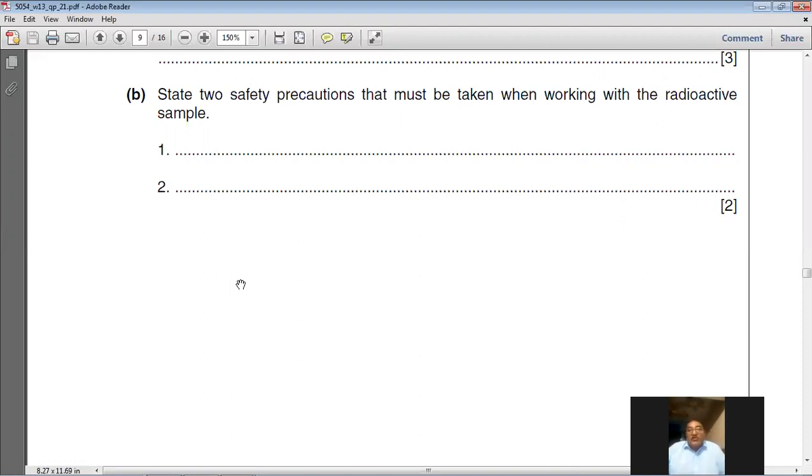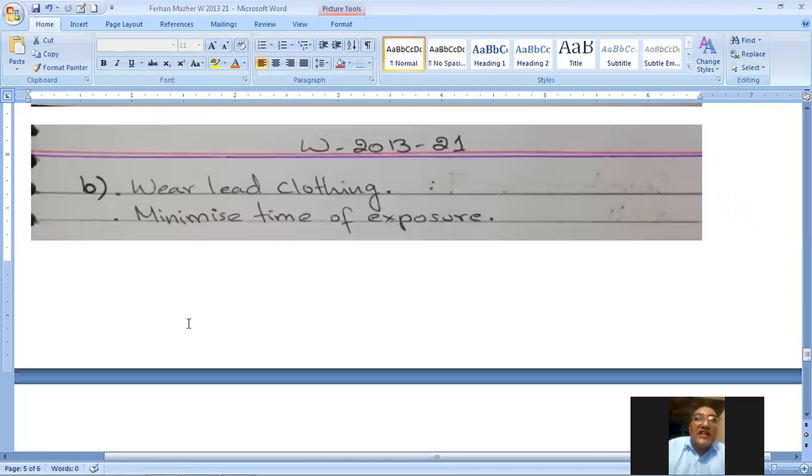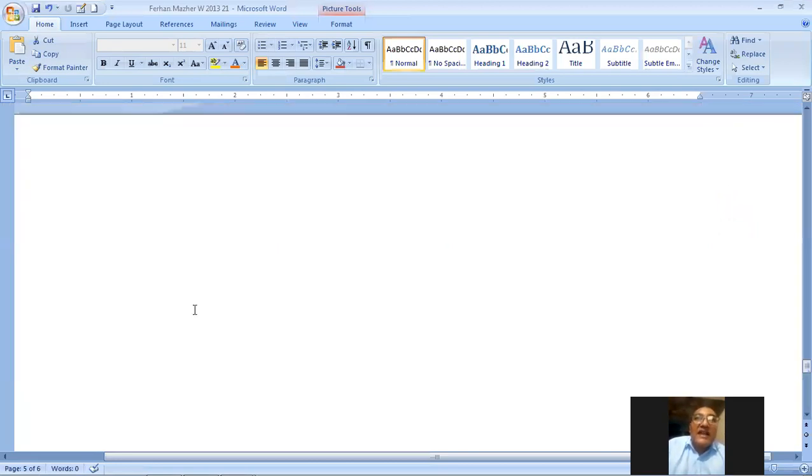You should be wearing a badge which shows how much is the exposure. And another thing you can choose, do not touch the sample directly. You can use forceps or tongs to handle the radioactive sample. I've just written two answers. Wear lead clothing and minimize the time of exposure.